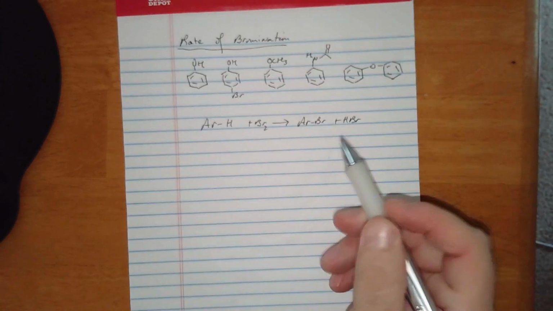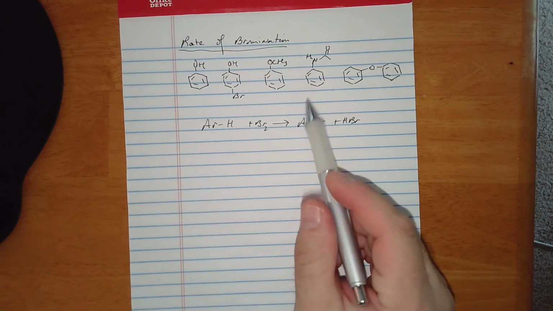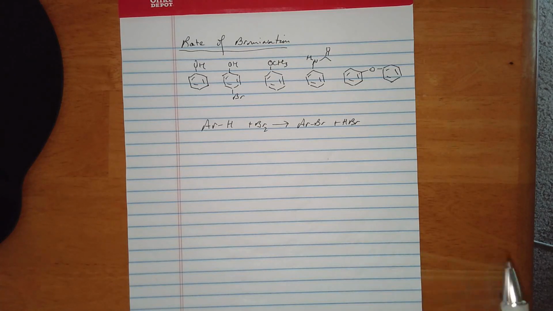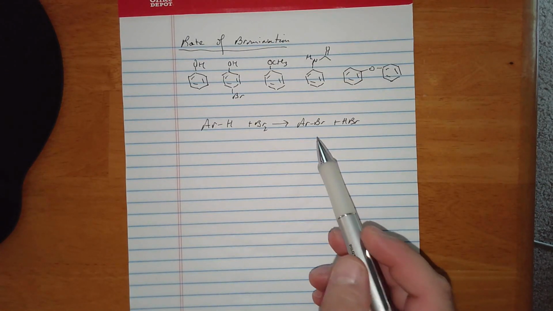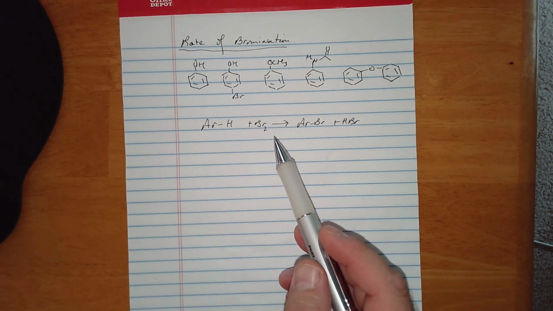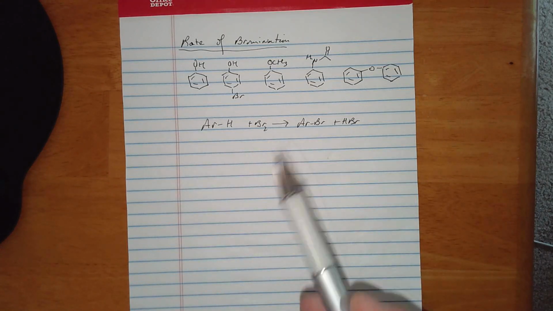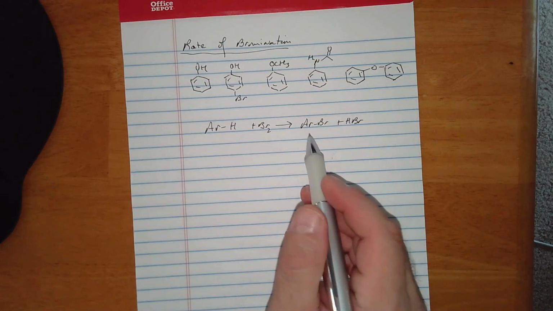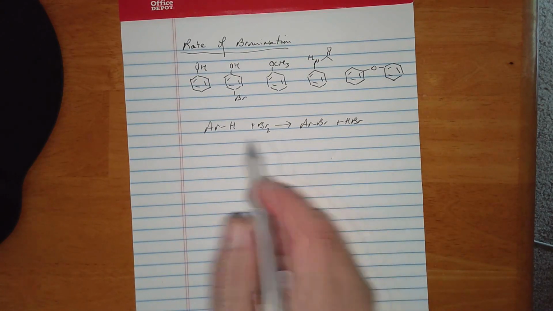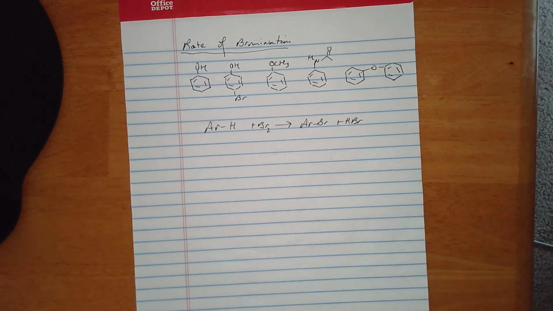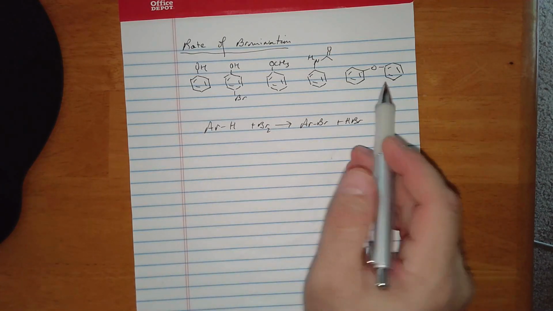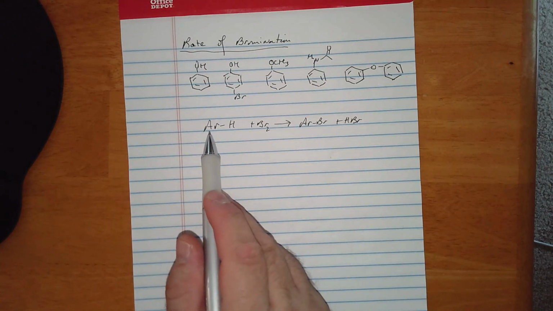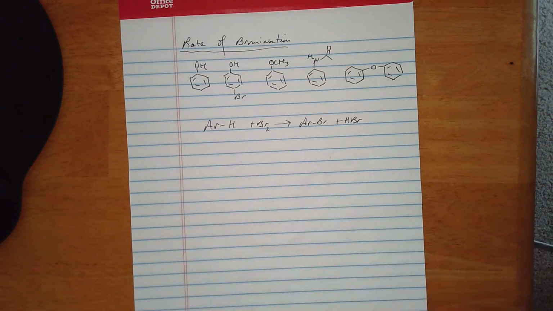So this reaction is very similar to one experiment we did a few weeks ago, the free radical substitution experiment, where we brominated different arenes and tried to figure out which one would be faster. So it's the same basic experiment, only in this case we're looking at electrophilic aromatic substitution rather than free radical substitution.